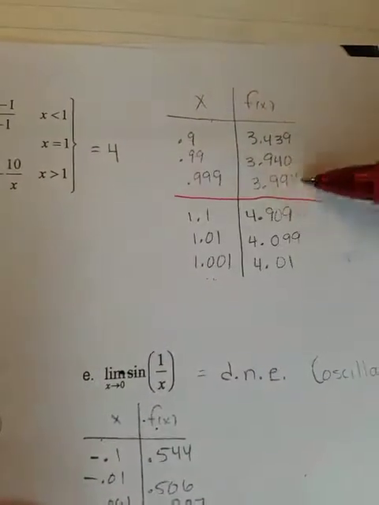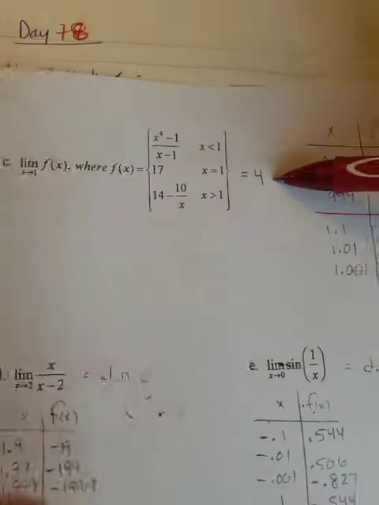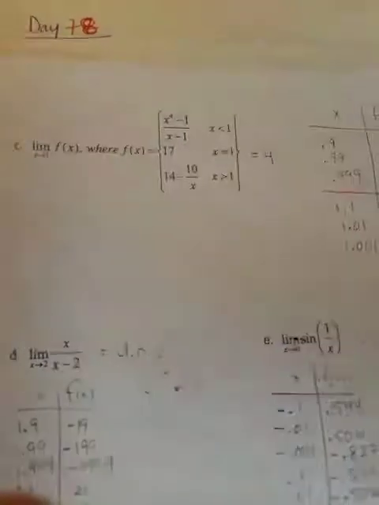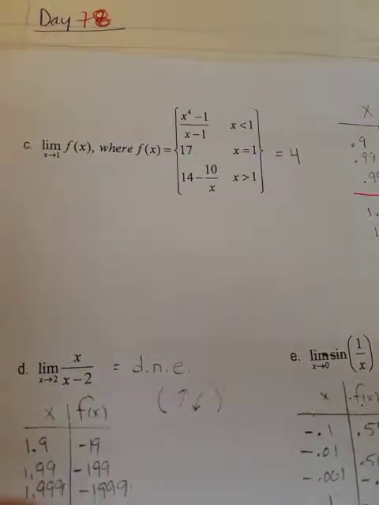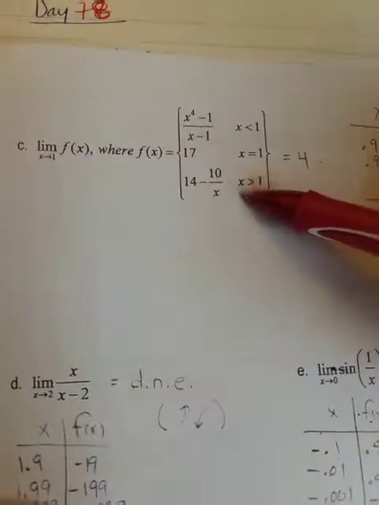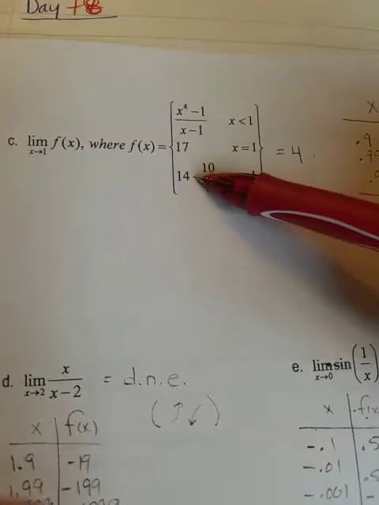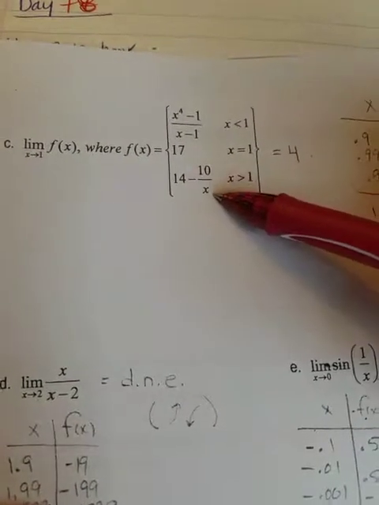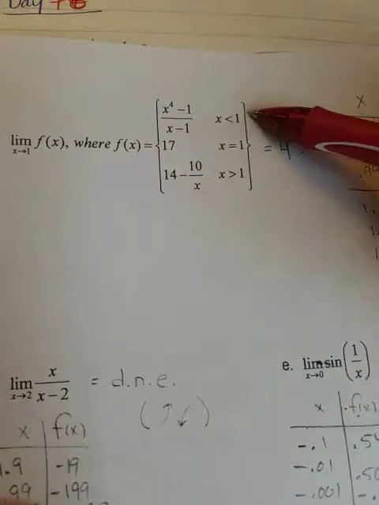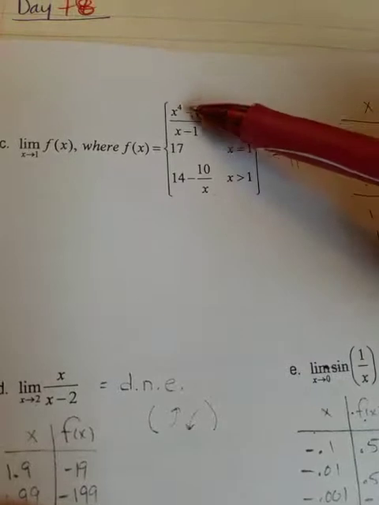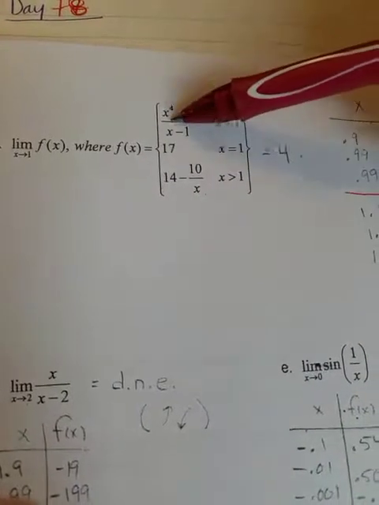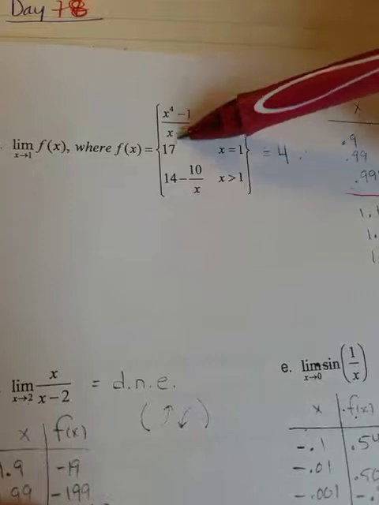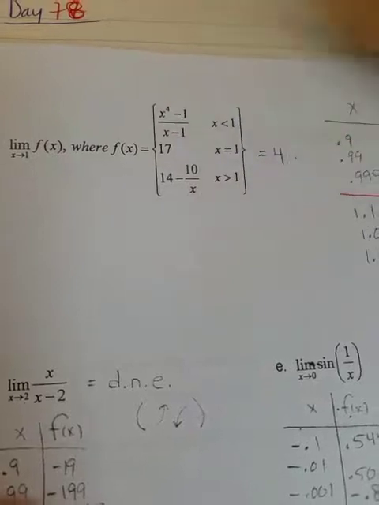And in both cases, you see that f of x is approaching 4. Now, if we look down here at x greater than 1, we'd have 14 minus 10 over 1, which would be 4. And when x is smaller than 1, if I checked out just substituting 1 in there, we'd have 1 minus 1 in the denominator, so we'd have 0 in the denominator, and that wouldn't be a help for that one.